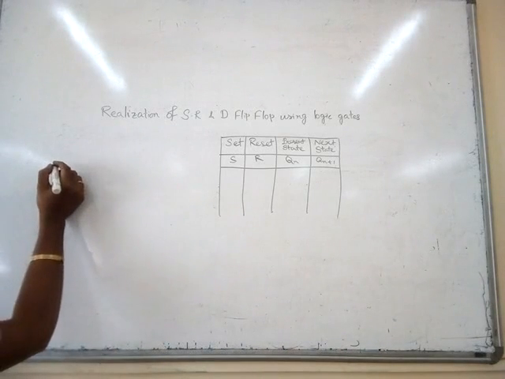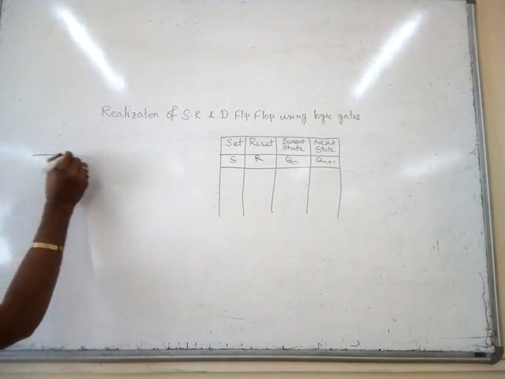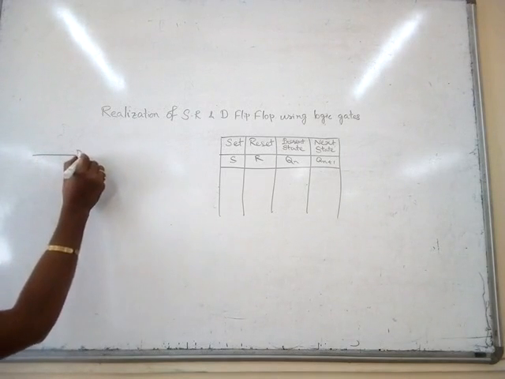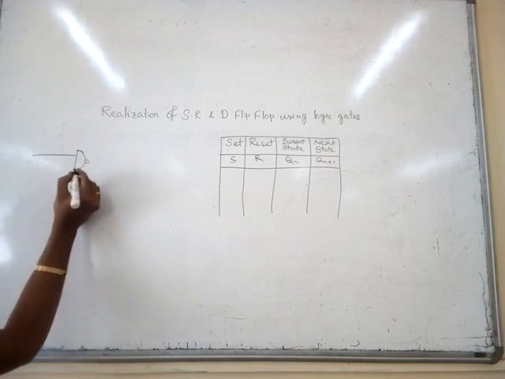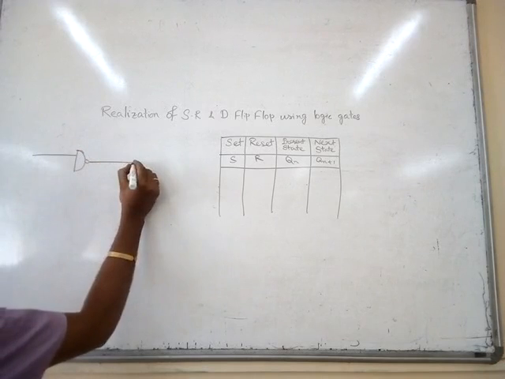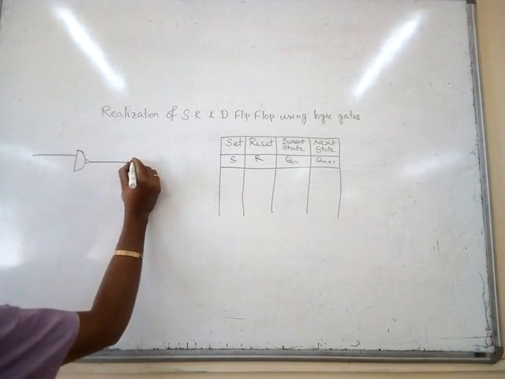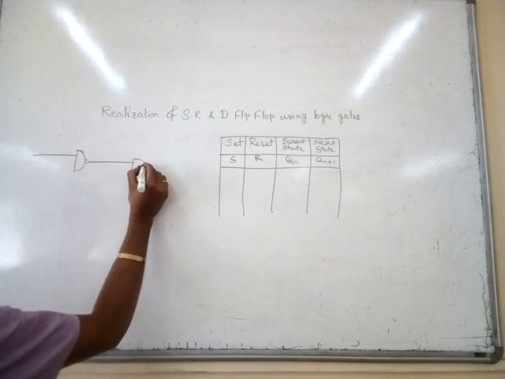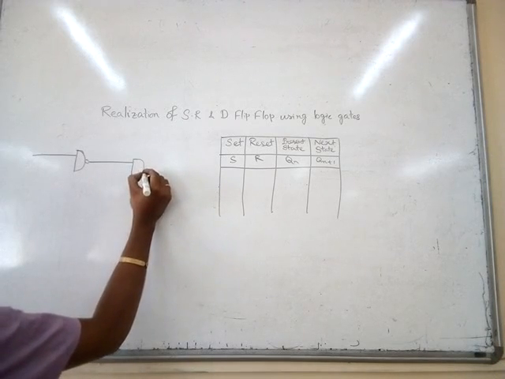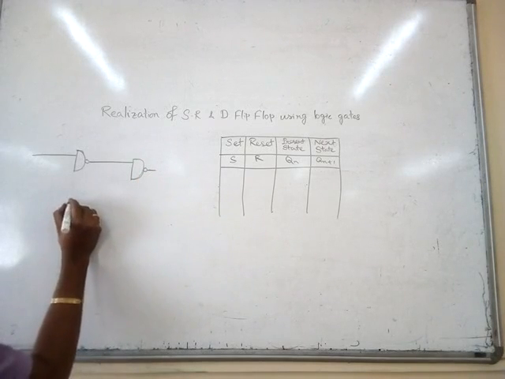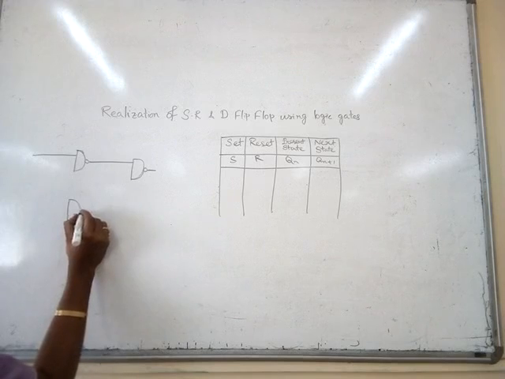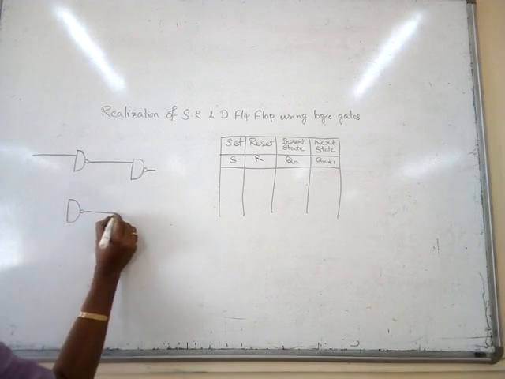Then we draw the circuit diagram. We use 4 NAND gates.